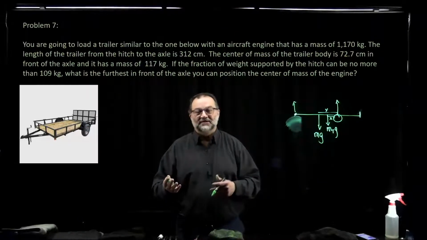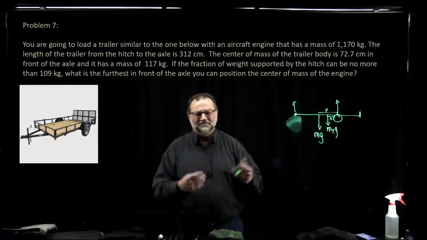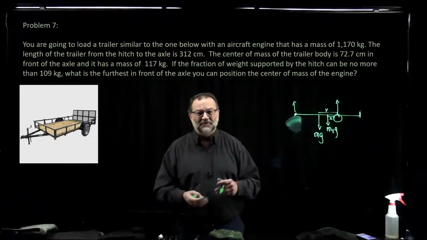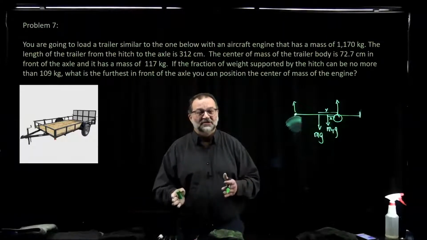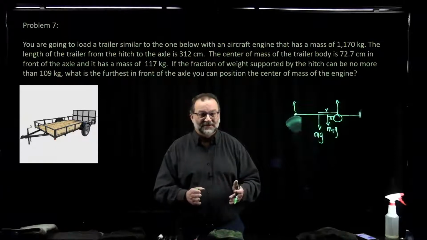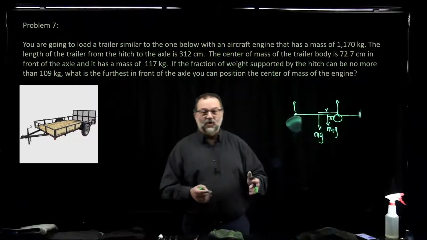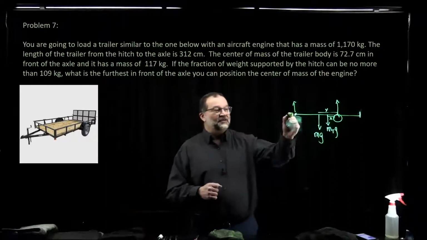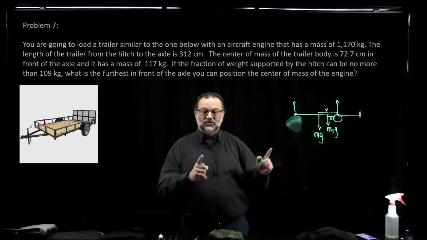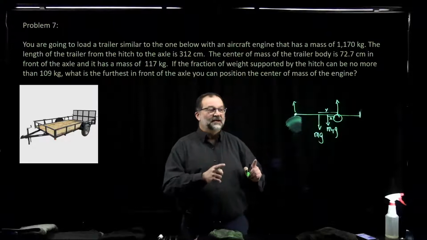The fractional weight supported by the hitch can be no more than 109 kilos. So that's a few hundred pounds, right? What is the furthest in front of the axle you can position the center of mass of the engine? What we're after is we want the fraction of the weight up here to be equal to the force of 109 kilos.